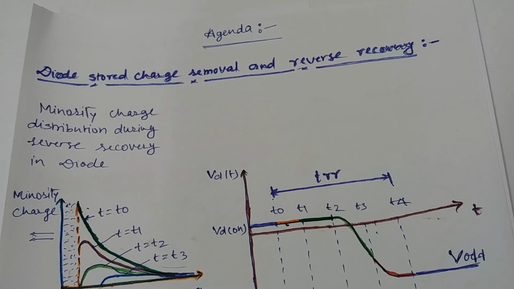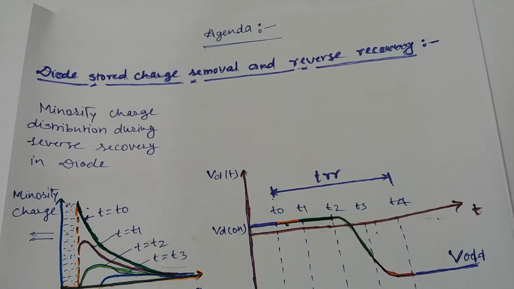If you apply a positive voltage to the P region and a negative voltage to the N region, there is a diffusion of minority charge carriers from the P region to the N region and from the N region to the P region.